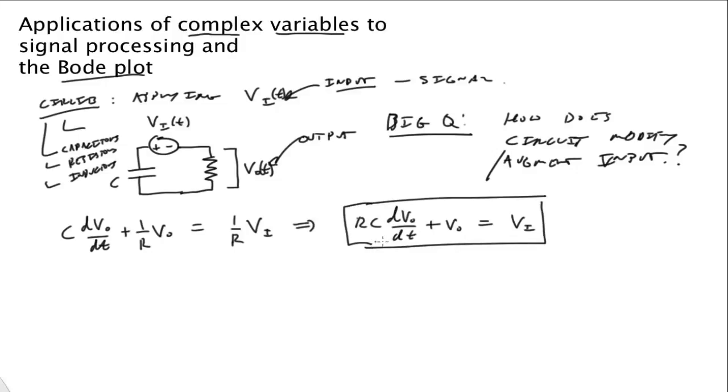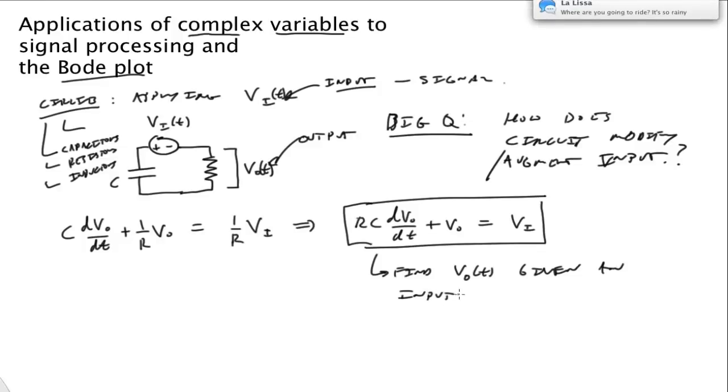And again, what we're interested in is that we want to find V out of t given an input. So this input could be anything.